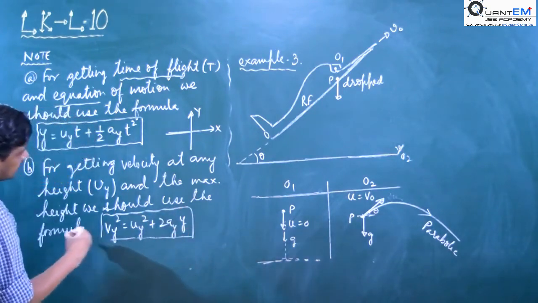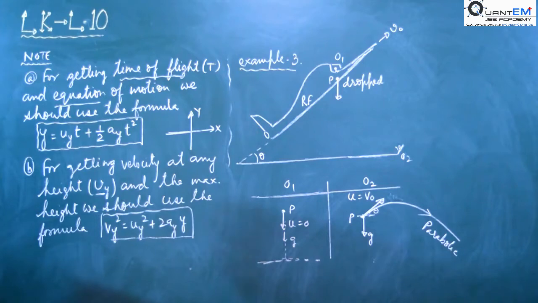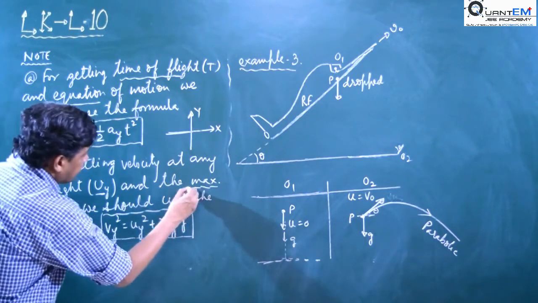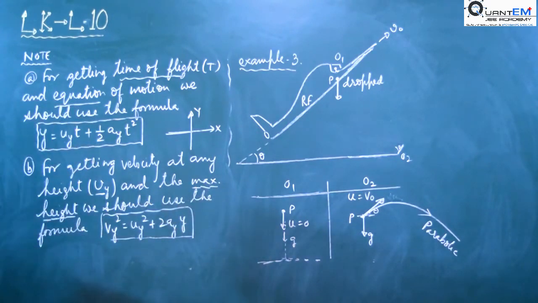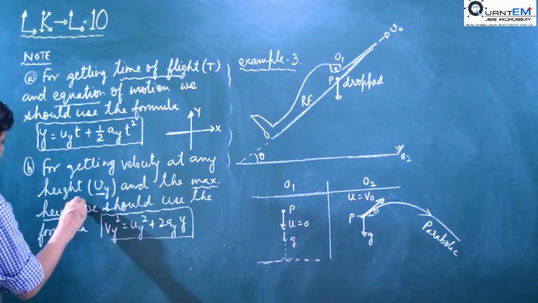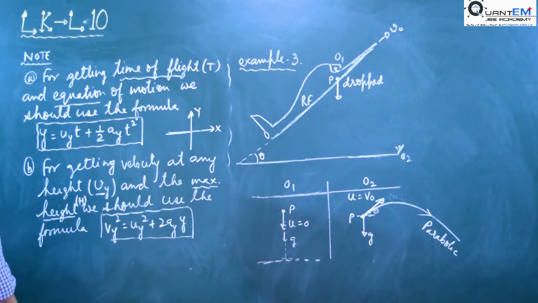Using this formula you may get the velocity at any height h or the maximum height. Maximum height is denoted by capital H.